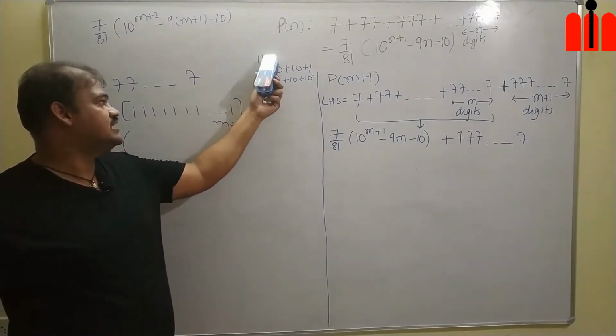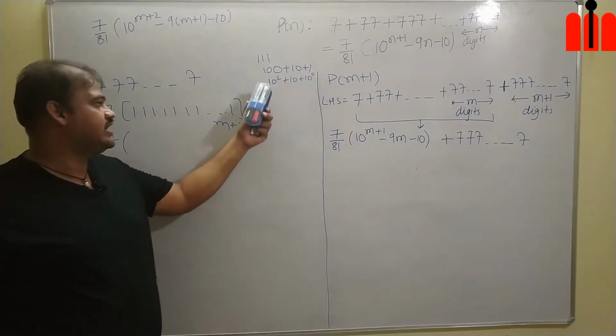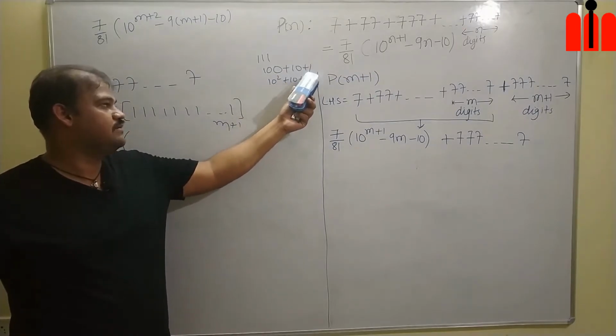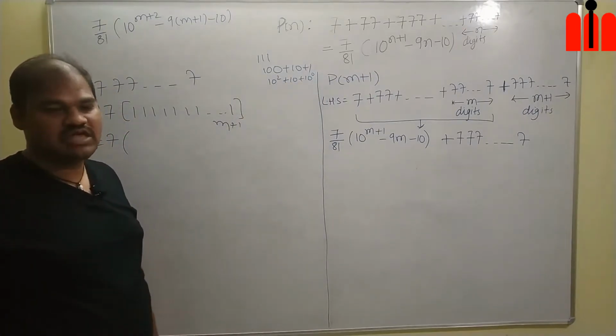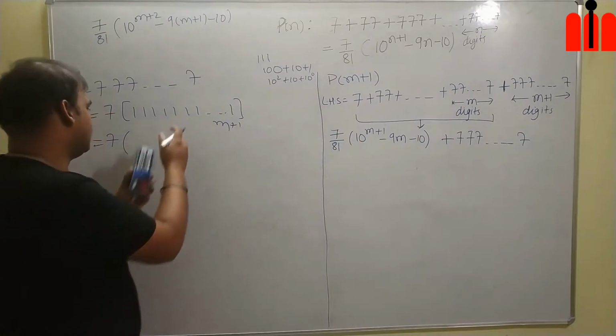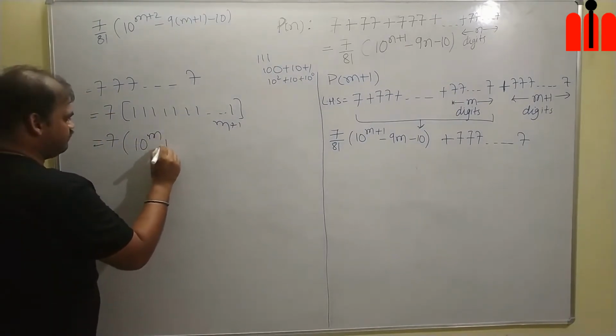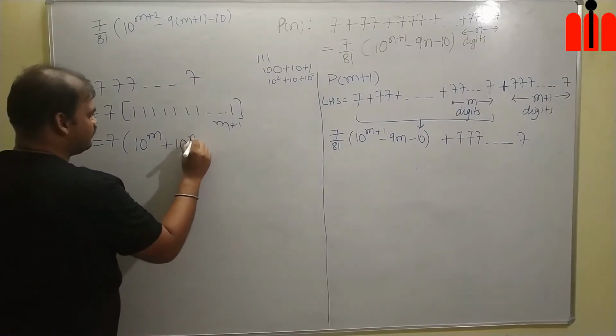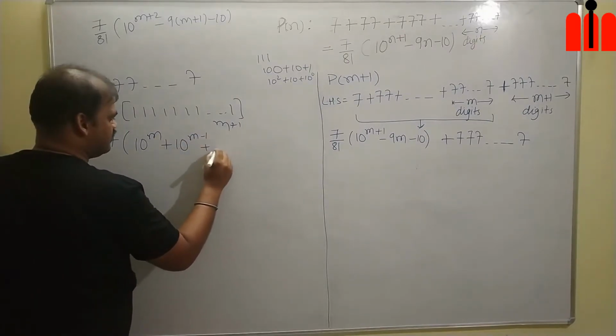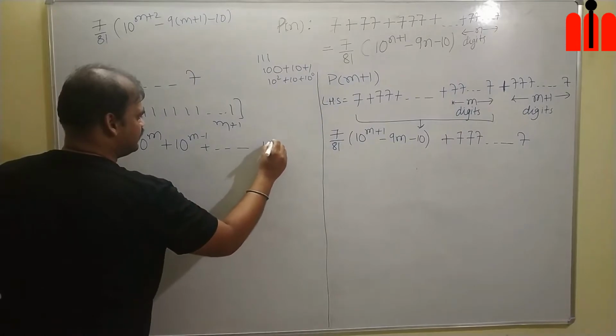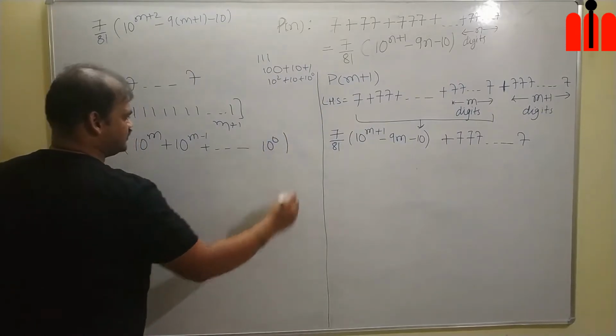So for 3 digits of 1, we get 10 square plus 10 plus 10 to the power of 0. Like that, for m digits of 1, we will get 10 to the power of m plus 10 to the power of m minus 1, and so on, up to 10 to the power of 0.